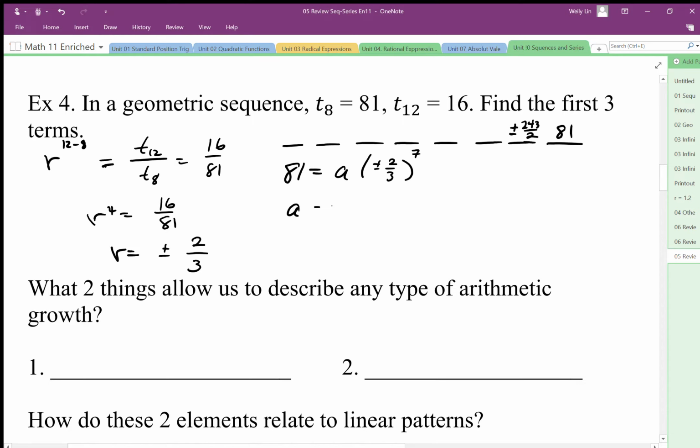So a is equal to, looks like I'm going to need a calculator for this one. The a value is going to be 81 times 3 to the power 7 divided by 2 to the power 7. Okay, I'll put this in a fraction.